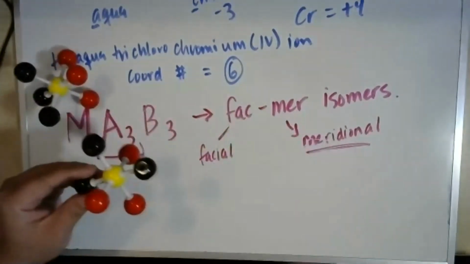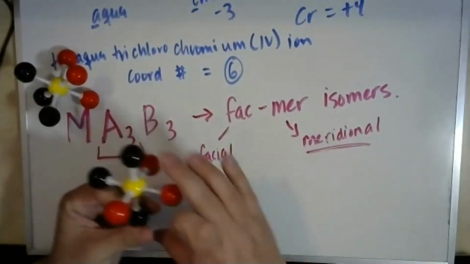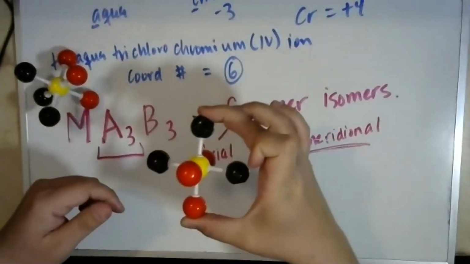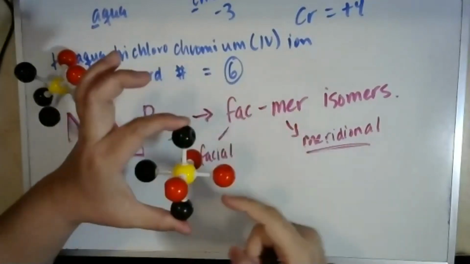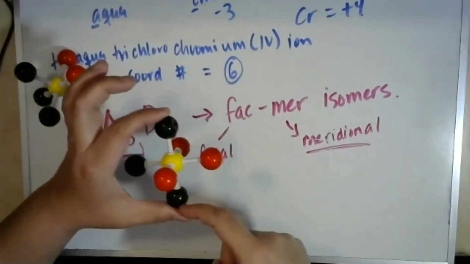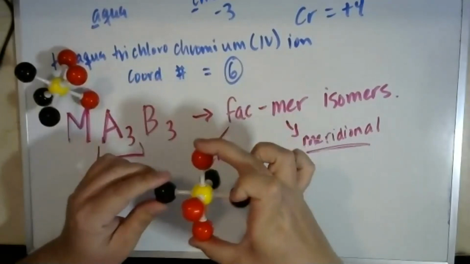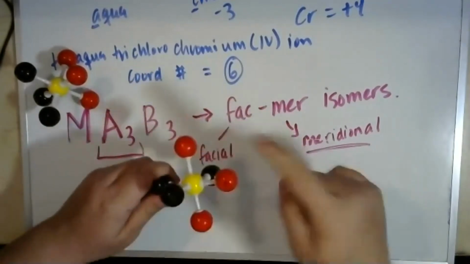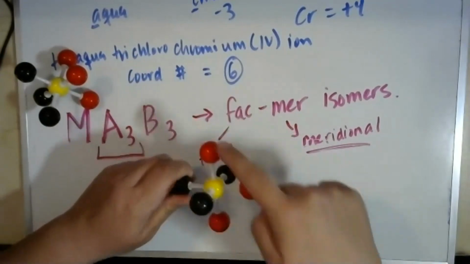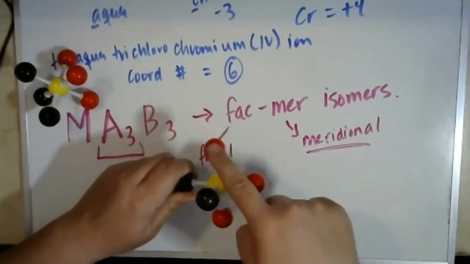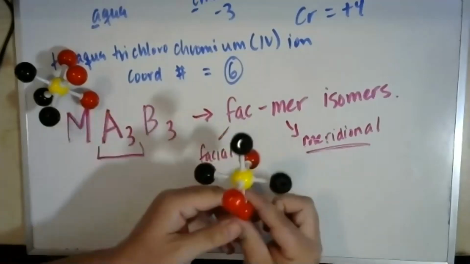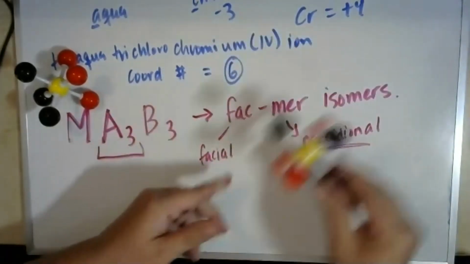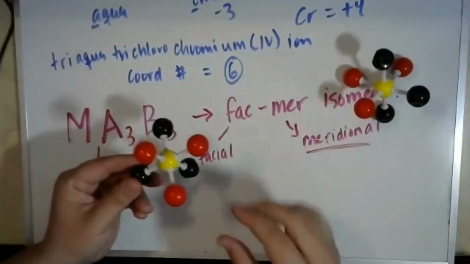In my meridian, I can spin it and orient it, not every way, but in a way so that I have 2 of the same ligands. I have the option of that here, and I don't have the option in the other one. But I do see that my ligands form this arc along the center. That's the meridian isomer.